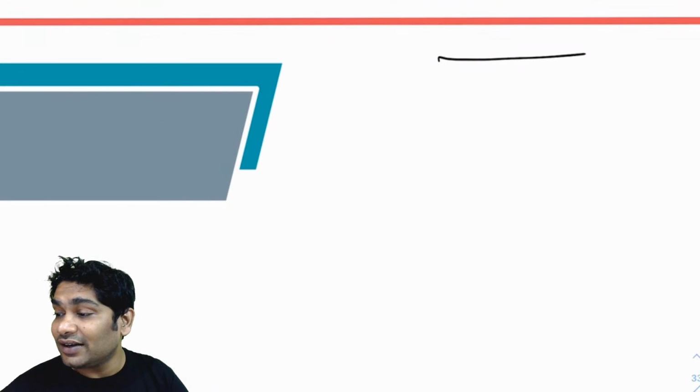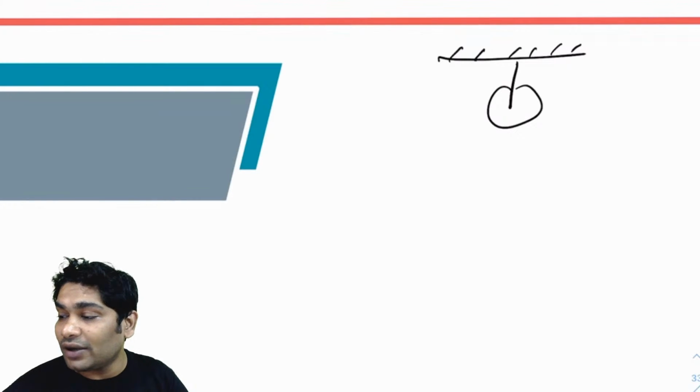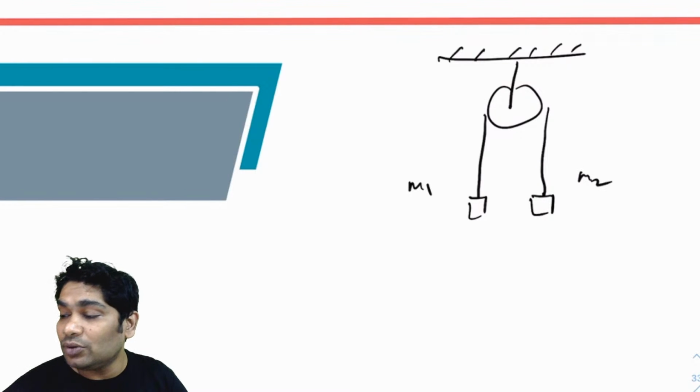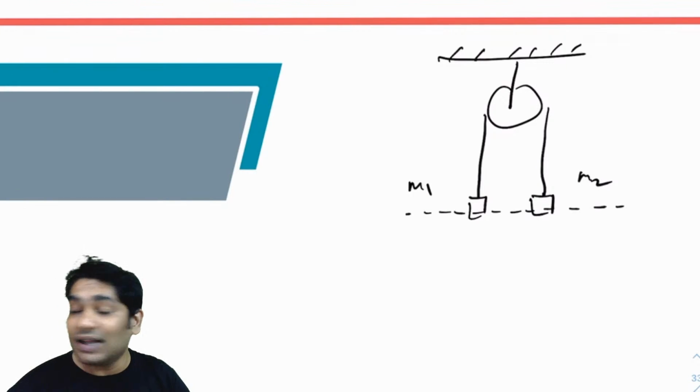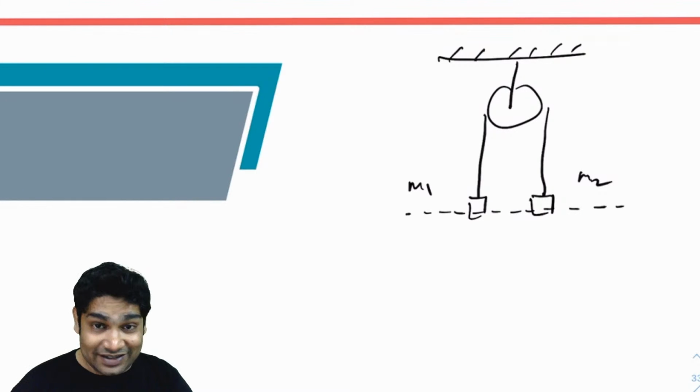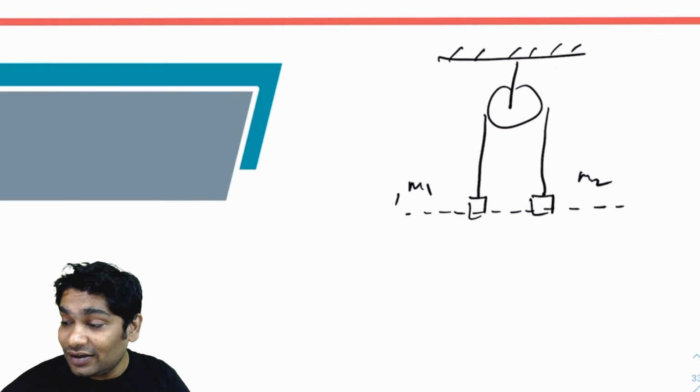Okay, so let's redraw the situation slightly. Here's my pulley, here is M1, and here is M2, and I'm assuming that this is my position 1. Initially, both the blocks are at rest, so u1 is 0.